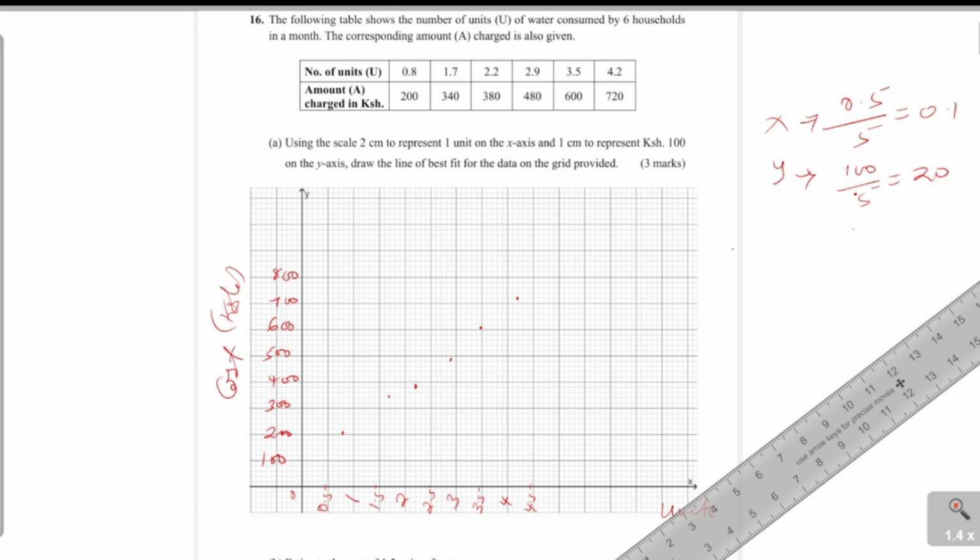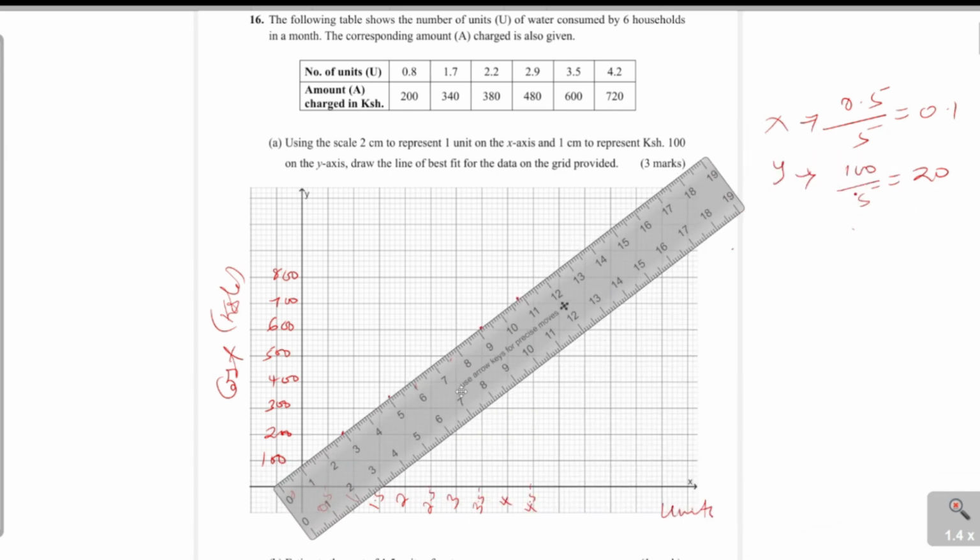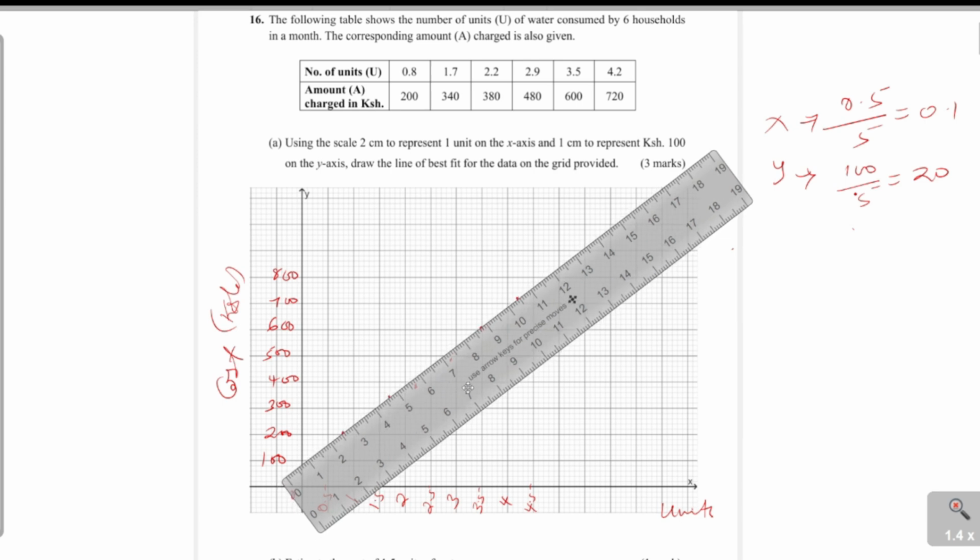This one is at the corner here. 600 is there, and then the last one, 4.2, 720. So now I've confirmed all the points are okay. So let me try to see the line of best fit that I can construct, the line that will contain most of the points.